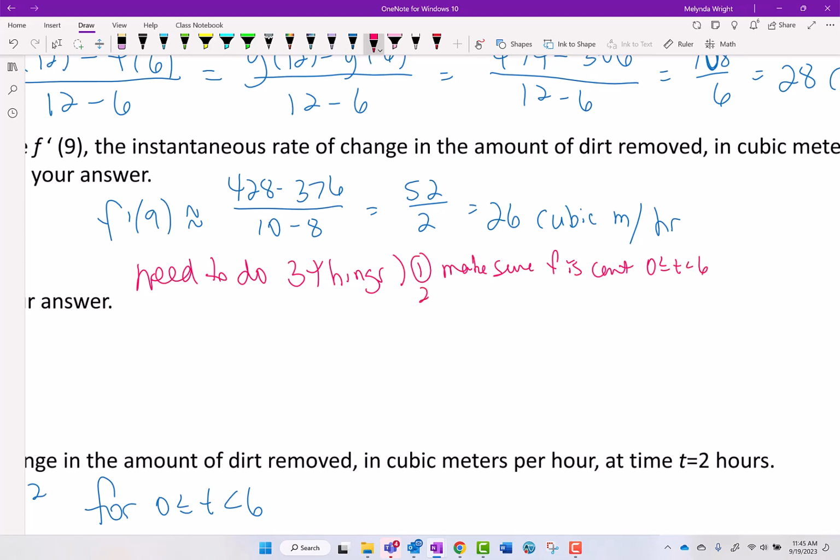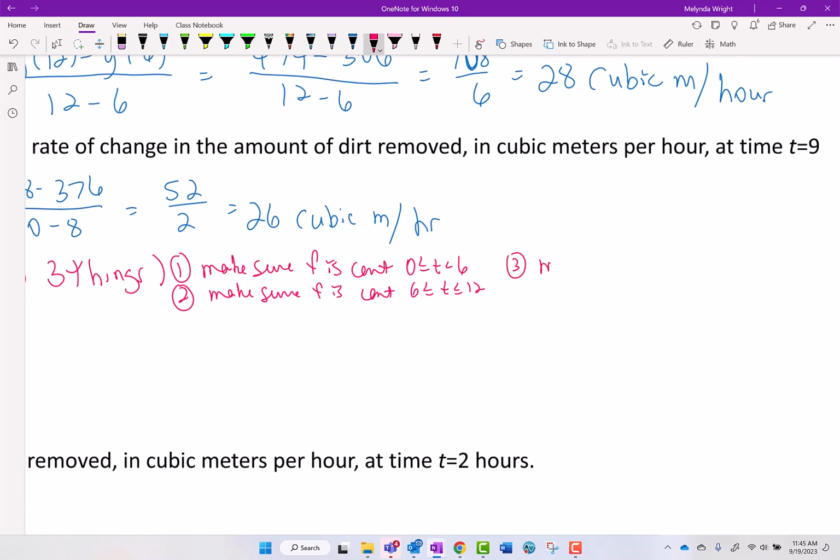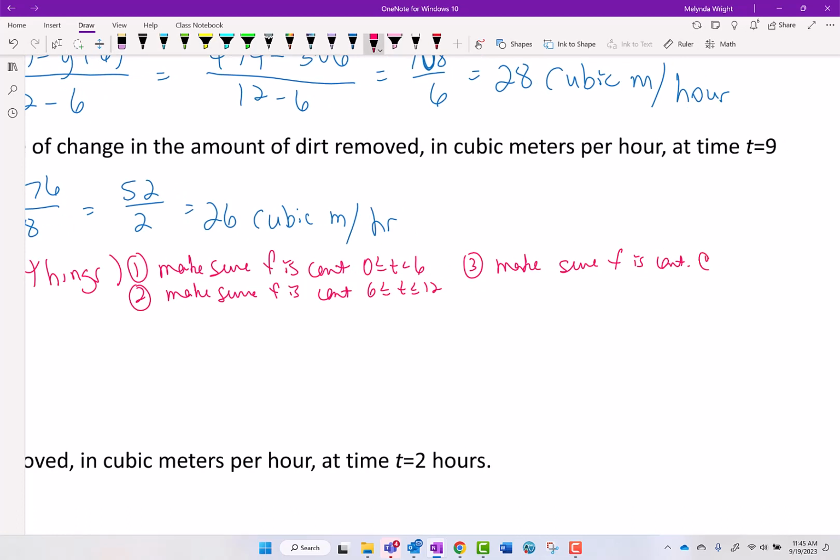Number 2, we need to make sure f is continuous from 6 to 12. Number 3, we need to make sure f is continuous at the split, which is at 6. So we have 3 things to do. So that's why I said this is harder. We'll save this to last.